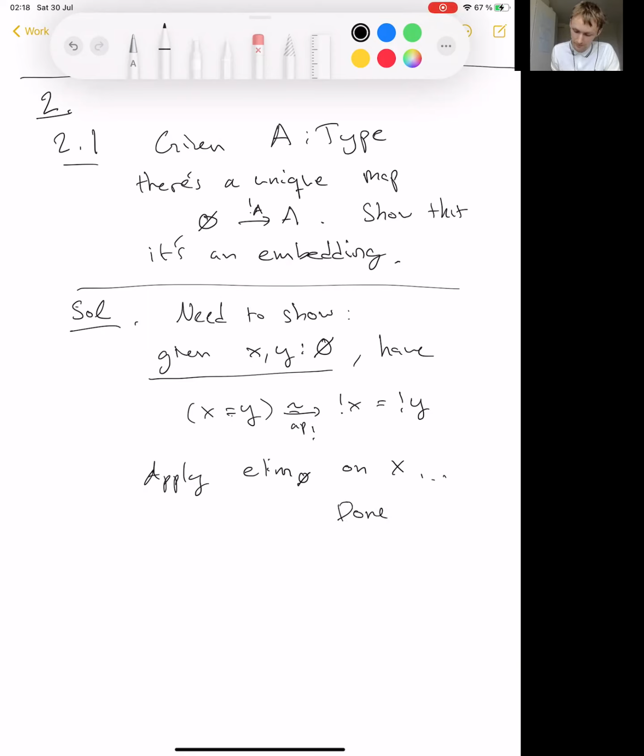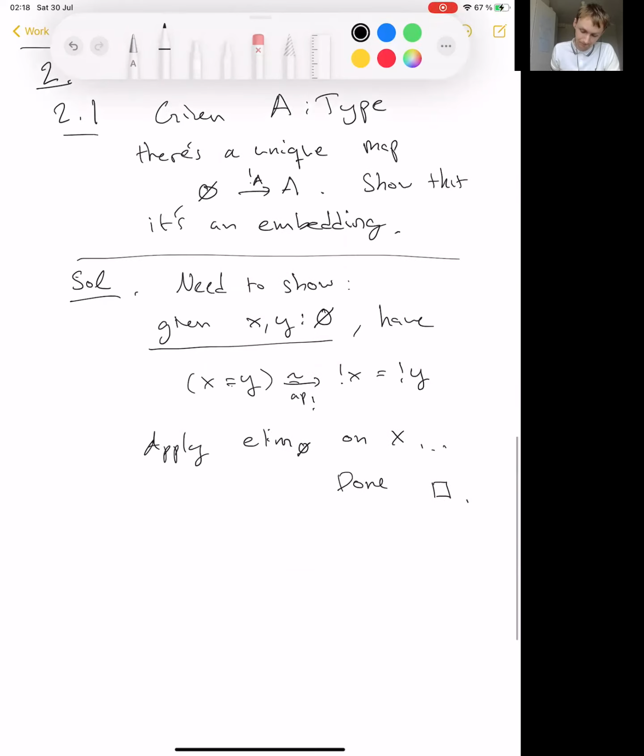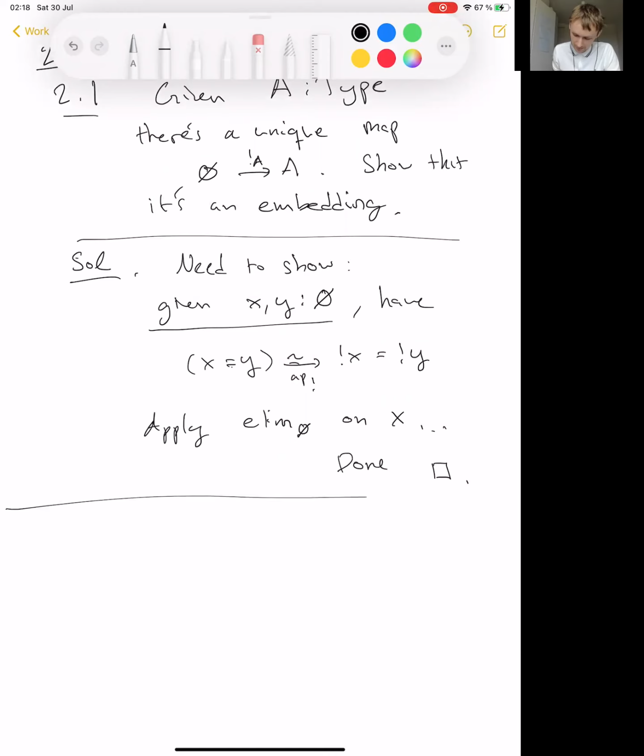So there's nothing to prove. So that's a silly problem.